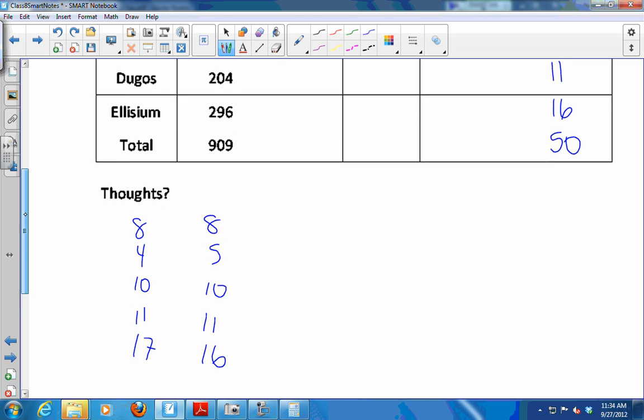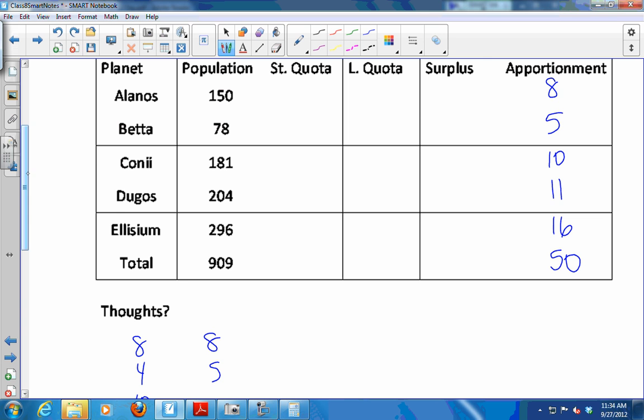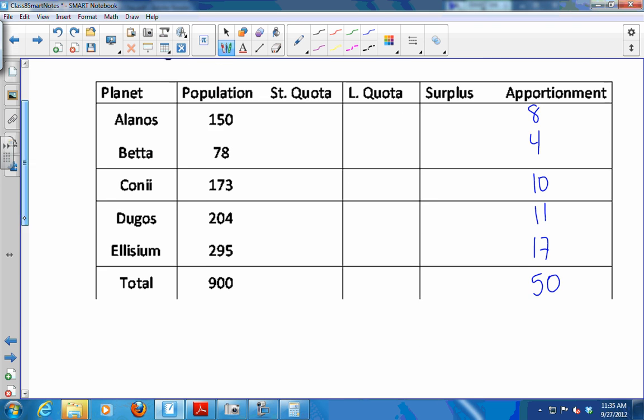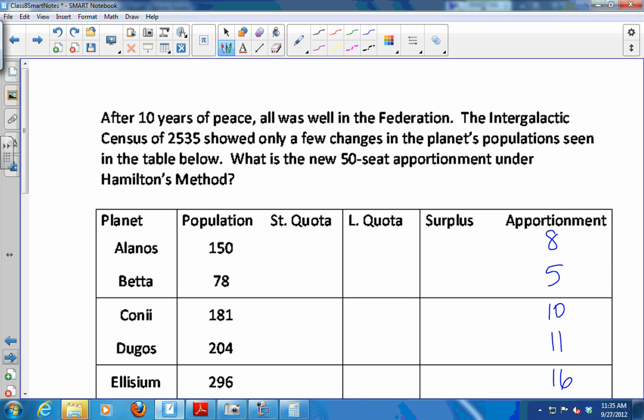So the change is that planet B here got another seat and planet E lost one. So E gave one to B. Now B's population was 78 and it stayed 78. So the population of planet Beta stayed exactly the same, yet they got another seat.